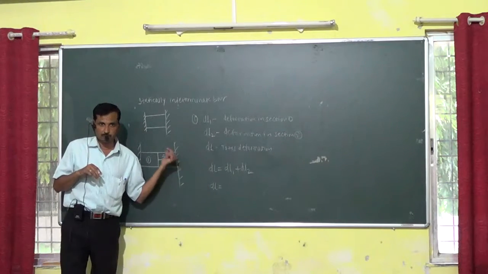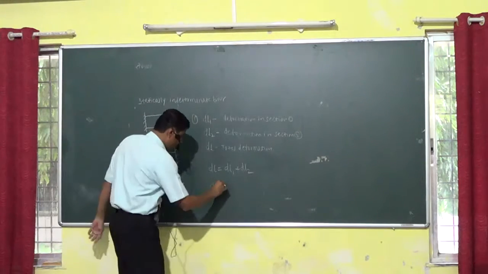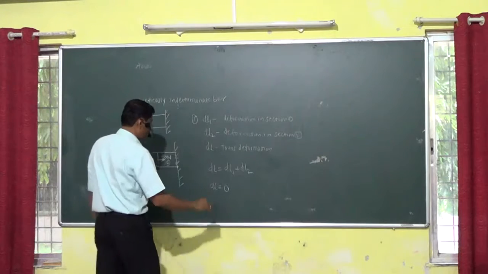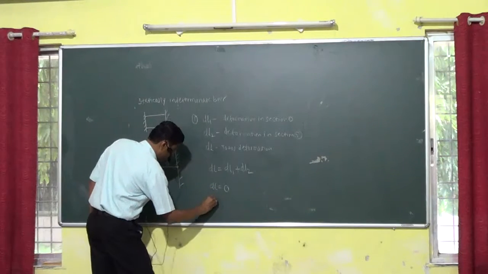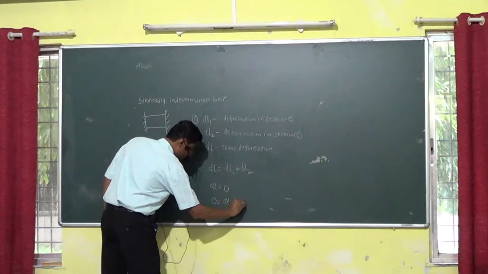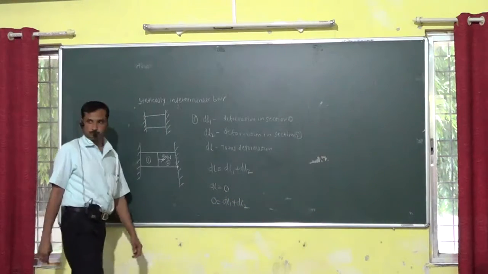dl will be equal to 0. So here our first assumption or first equation will get formed, that 0 is equal to dl1 plus dl2.